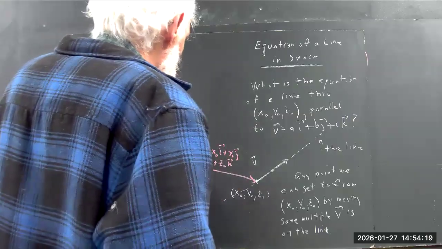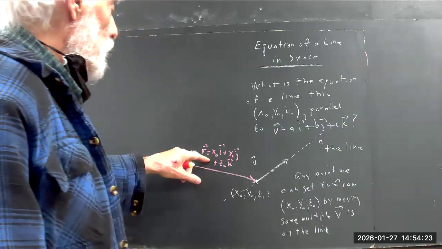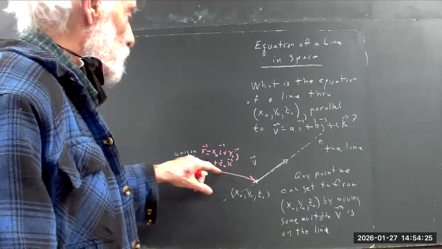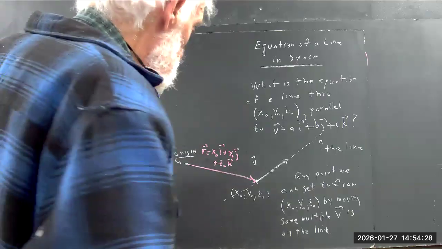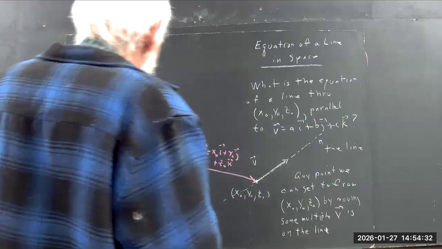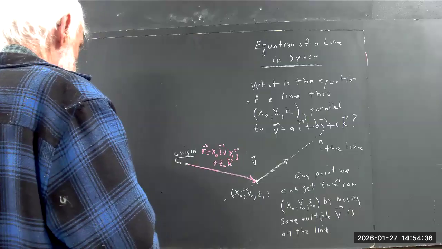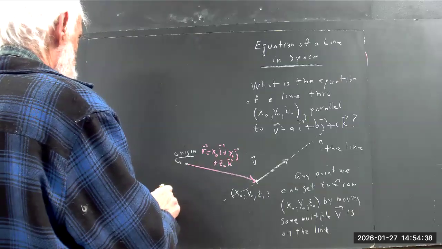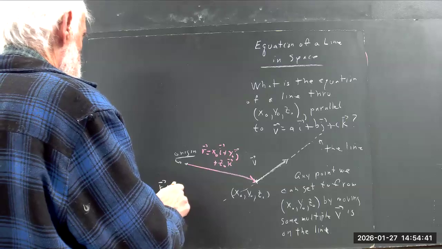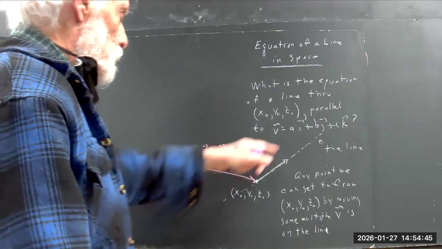Okay, the R vector from the origin to the point x naught, y naught, z naught is a vector x naught i plus y naught j plus z naught k. Then vector R plus a multiple of v has to be on the line.